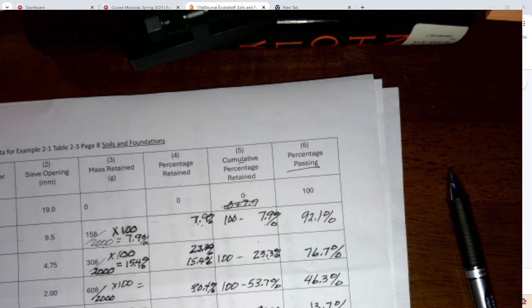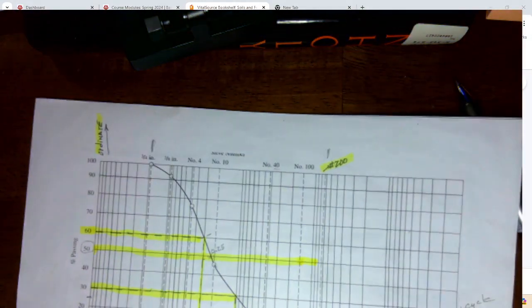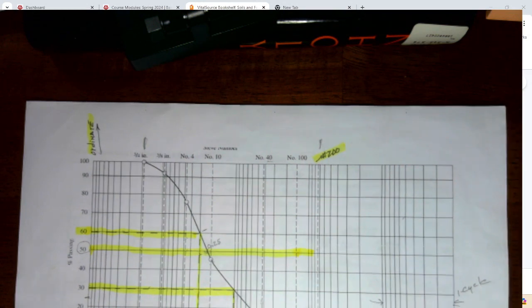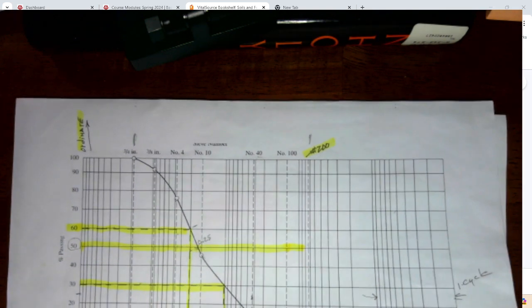And what I've done is I've grabbed this pre-worked sheet, worked out and checked, hopefully. And if you notice, I have rewritten percent passings down here.